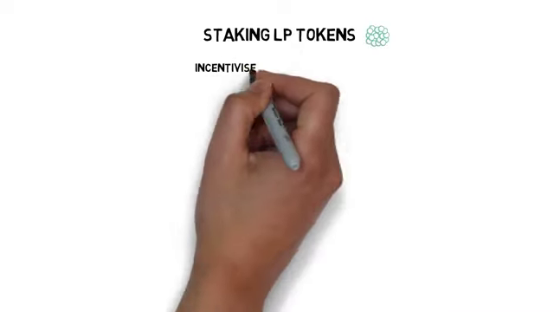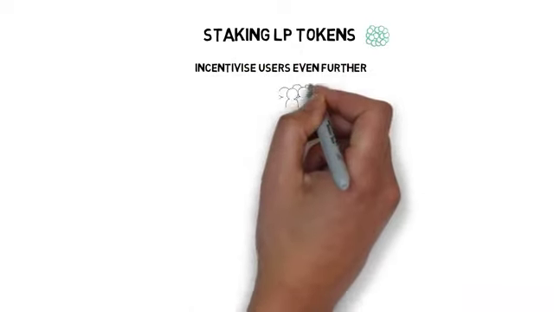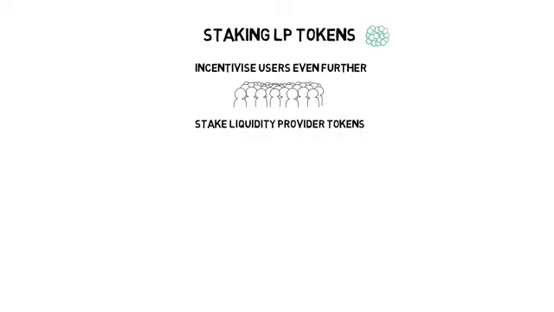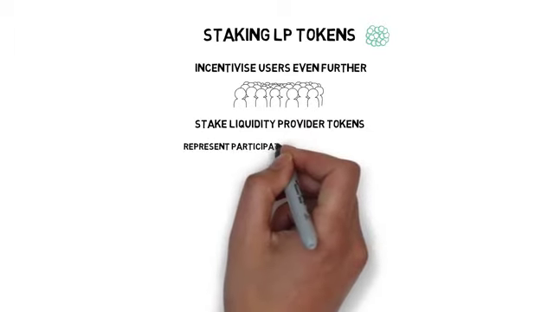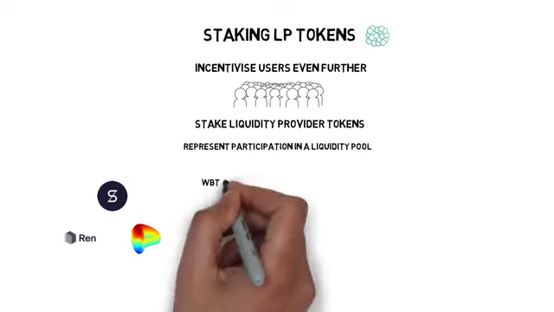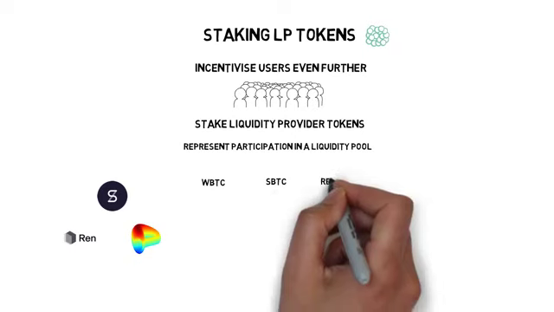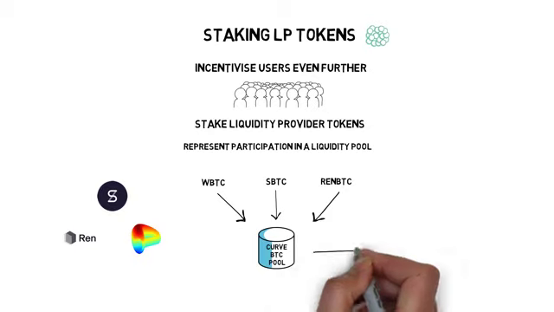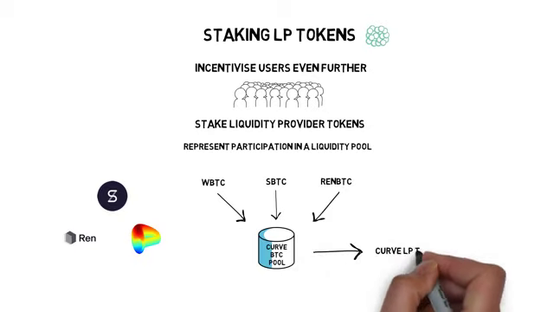Staking LP tokens. Some protocols incentivize users even further by allowing them to stake their liquidity provider or LP tokens that represent their participation in a liquidity pool. As an example, Synthetix, REN, and Curve got into a partnership where users can provide WBTC, sBTC, and renBTC to the Curve BTC liquidity pool and receive Curve LP tokens as a reward.